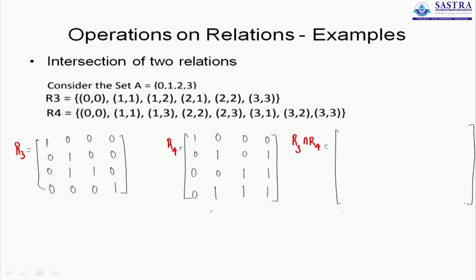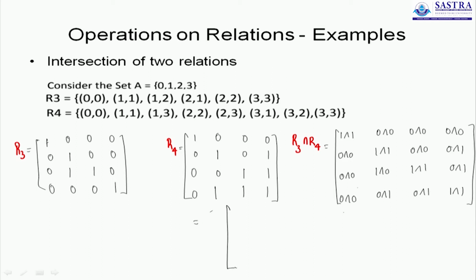Boolean multiplication. How do you do that? It is 1 and 1, 0 and 0, 0 and 0, 0 and 0, 0 and 0, 1 and 1, 0 and 0, 0 and 1, 0 and 0, 1 and 0, 1 and 1, 0 and 1, 0 and 0, 0 and 1, 0 and 1, 1 and 1.